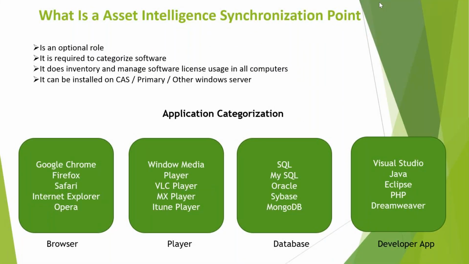Now, asset intelligence synchronization point, this role is already deprecated in the new version of SCCM. So I will not give more focus on this one because it is no more present in the new version of SCCM. So asset intelligence is basically needed to categorize software.